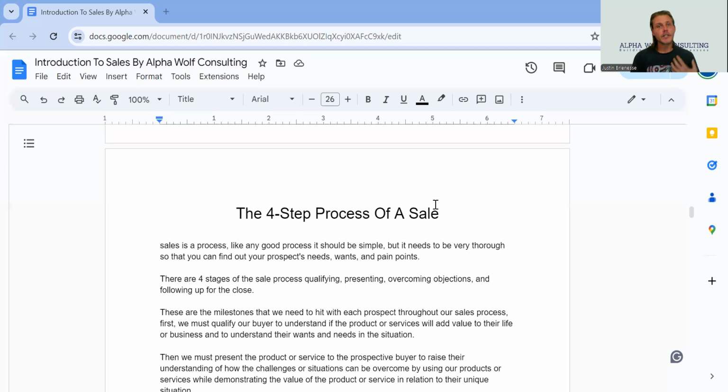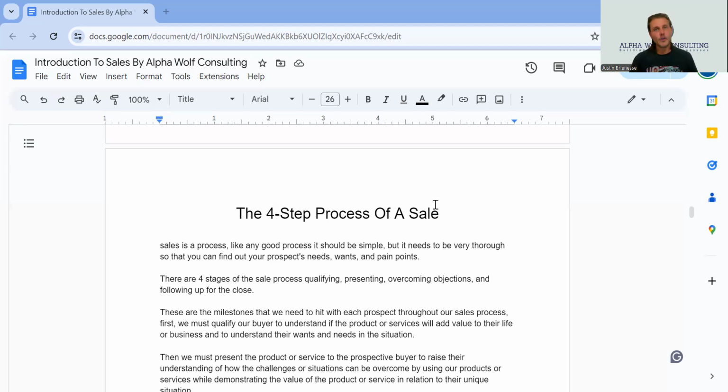So what we're trying to do is find as much information as we can to understand our buyer at the highest level, but we're trying to leave as much information as we can out of our presentation. We're not being vague, we're framing the offer, but we're not filling it out.